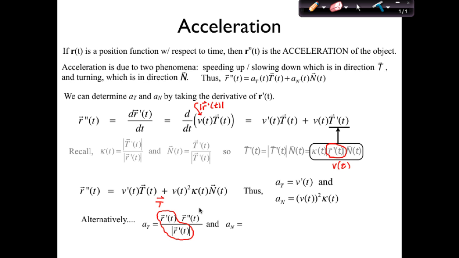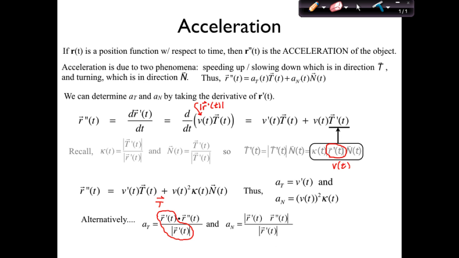Meaning we want how much of the acceleration is in the direction of T or orthogonal to T? In the direction. So then is that going to be dot product or cross product? That should be dot product, right? Yep, so it's going to be dot product because we want how much of the second derivative is in the direction of T. So that should be dot product, right? That's what we said about our definition of dot product.